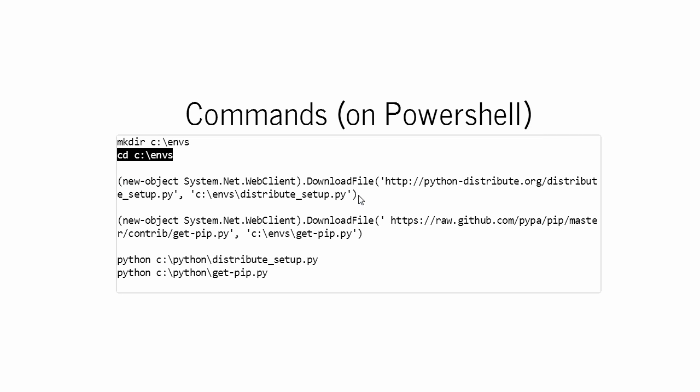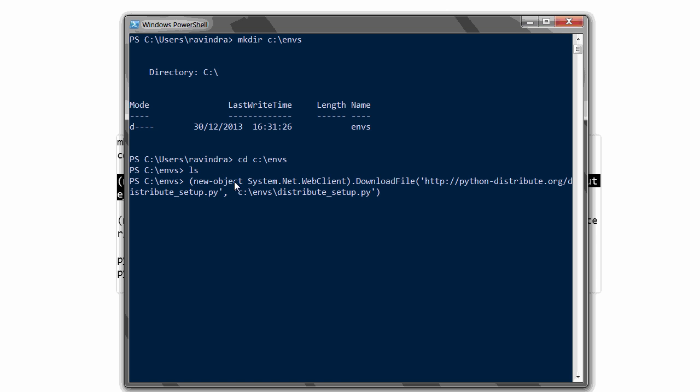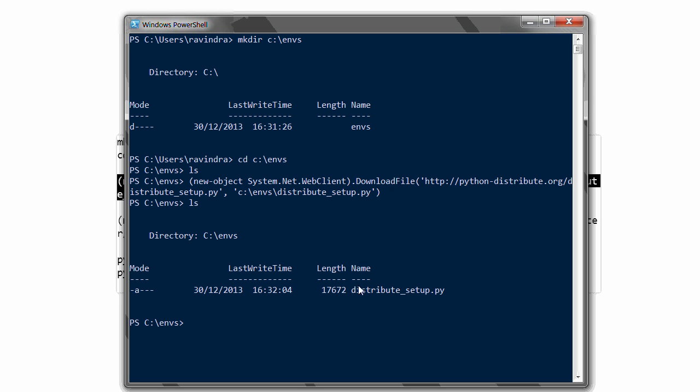Now you have a one-liner, which is basically a PowerShell command, a series of commands which tell you to download a particular script from this particular URL and save it in the envs directory so that you can run it later. So I'm going to do that, and if you type ls now, you can see that that single file has been downloaded.